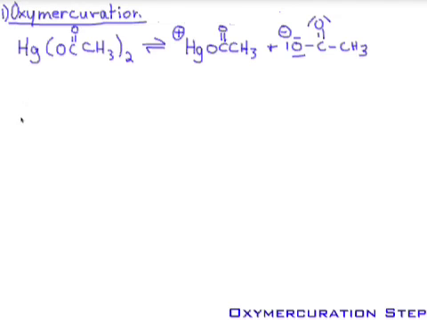So oxymercuration begins with mercuric acetate dissociating into this very good electrophile. It's positively charged. It can accept 2 electrons. It's lost the acetate. It's dissolved as an ion, solvated in the aqueous solution or whatever solvent system you're carrying the reaction out in. And this electrophile will attack an alkene. So let's use an alkene, I don't know, like this guy.